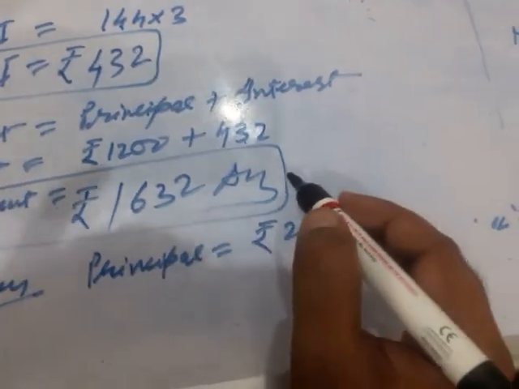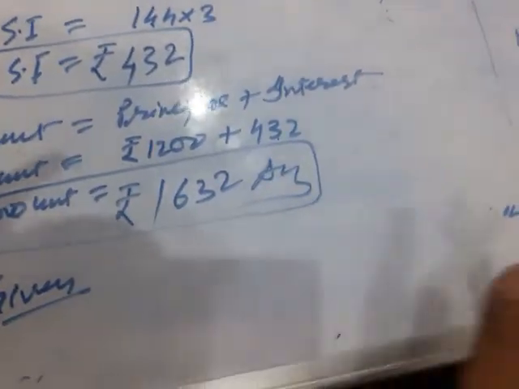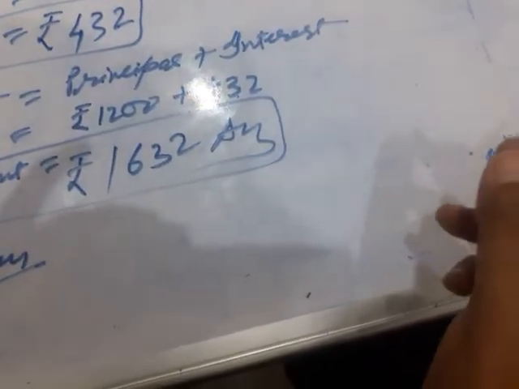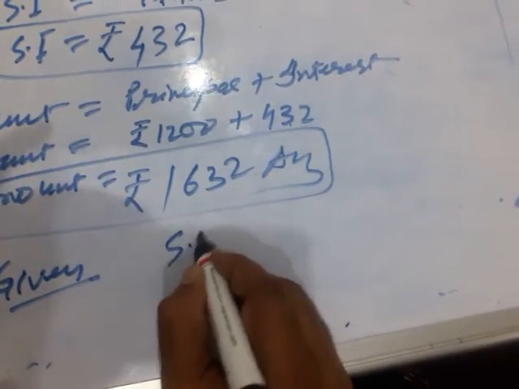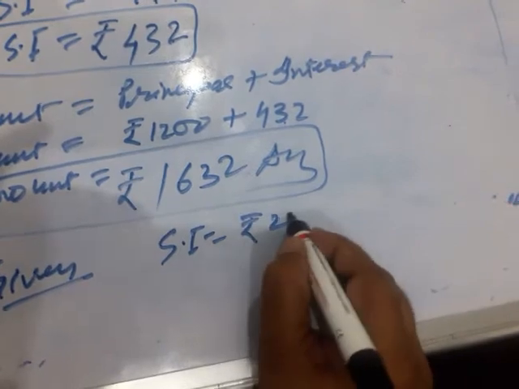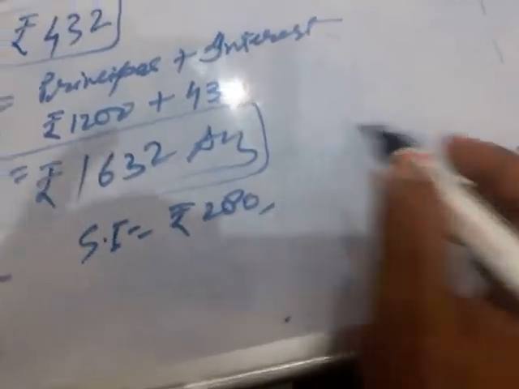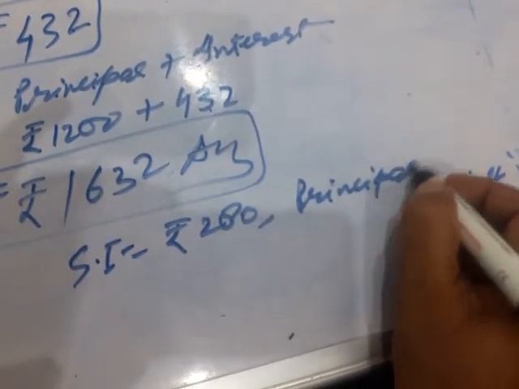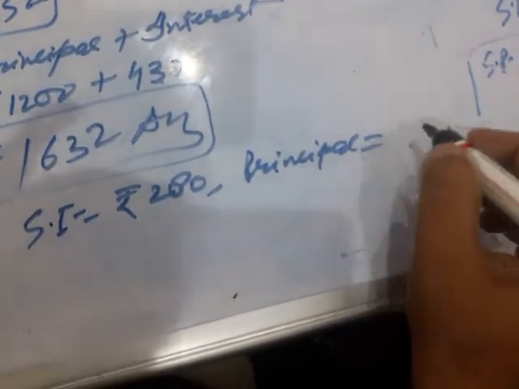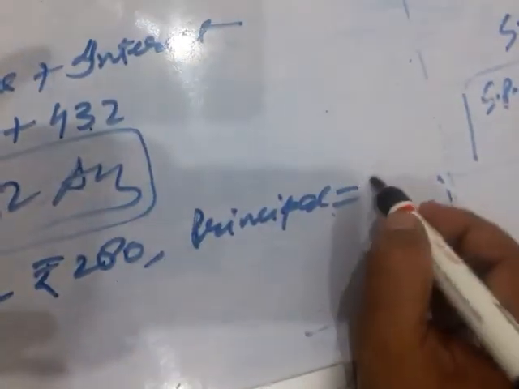And on a sum of, here principal equal to how much? That is, principal is equal to rupees 56,000.